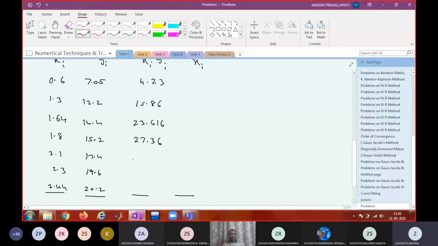Next, 36.54. Next, 45.08. Next, 49.288. Now xi square.